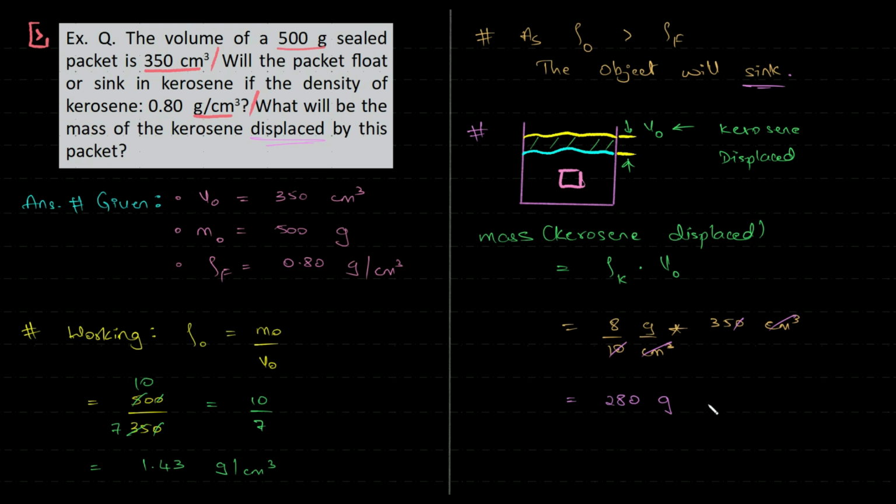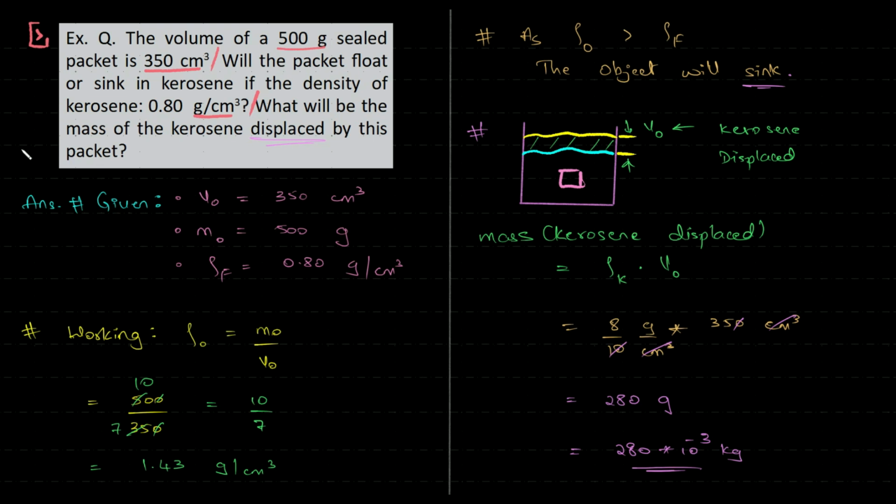It's not in kg. How do you convert it into kg? 280 divided by 10 to the power of 3, or 280 into 10 to the power of minus 3 kg. Okay guys, so that is your final answer. I can write it neat below. Okay, so that is your answer.